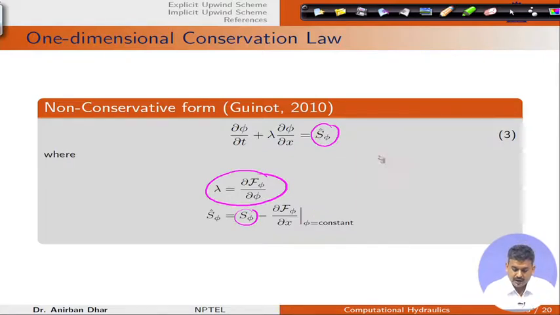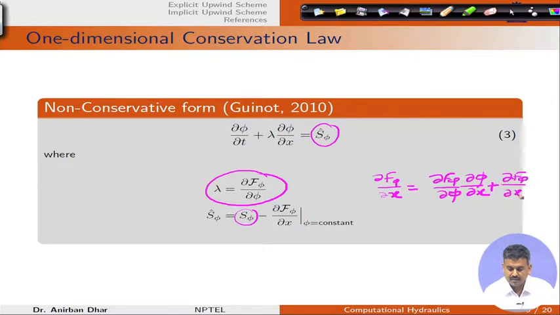So, actually we can write our del f phi by del x as del f by del phi into del phi by del x plus del f phi by del x, where phi is a constant value.